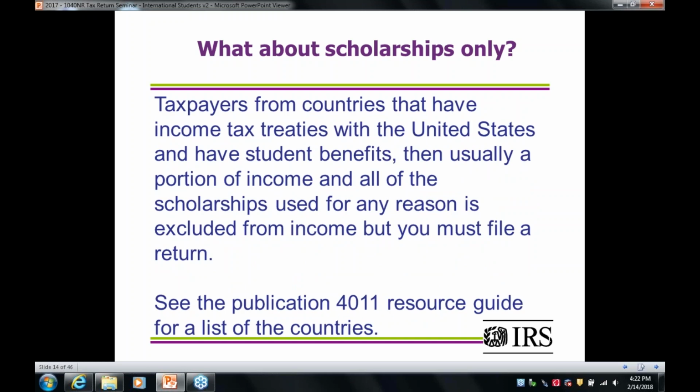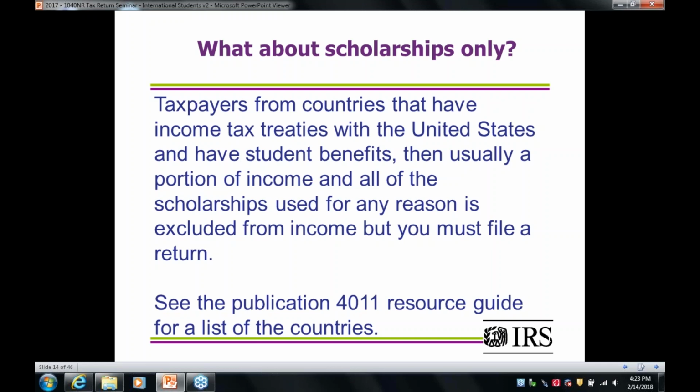In addition to that, you may have a student come to you to prepare their taxes who comes from one of the countries that have income tax treaties with the United States, and that treaty has a student benefit. Not all countries do that, and we'll look at those a little bit later. Then usually a portion of the income and all of the scholarship used for any reason is excluded from income.